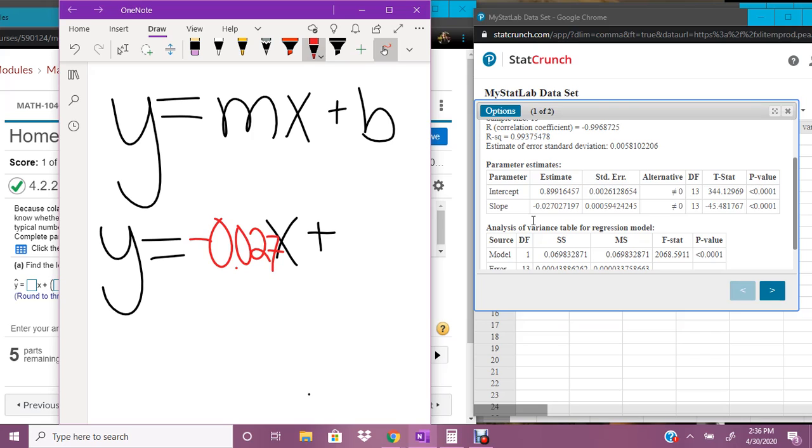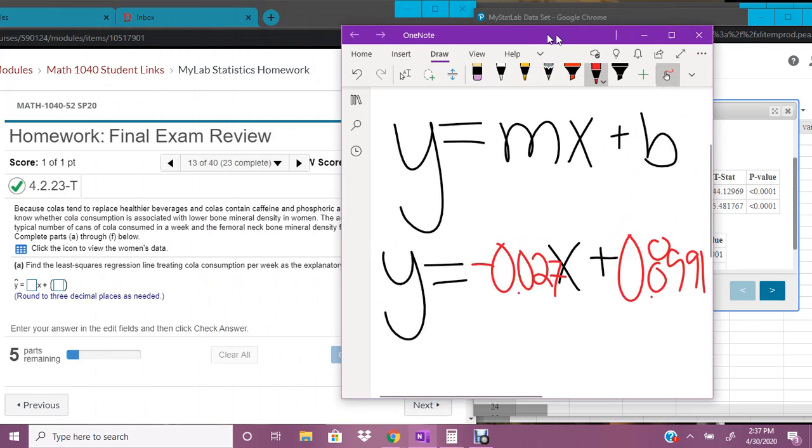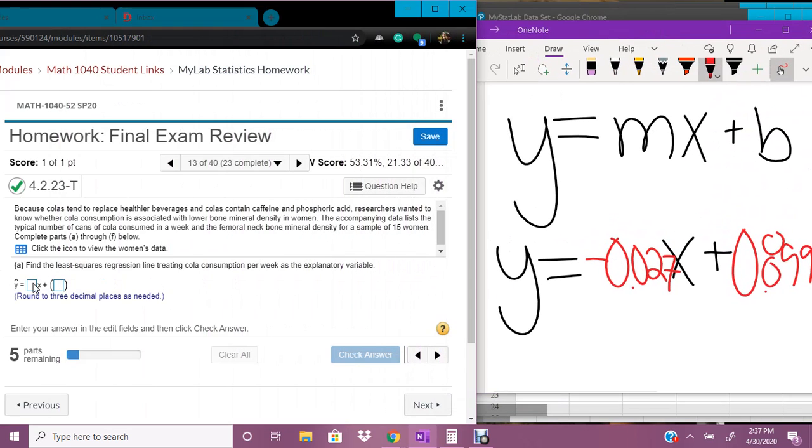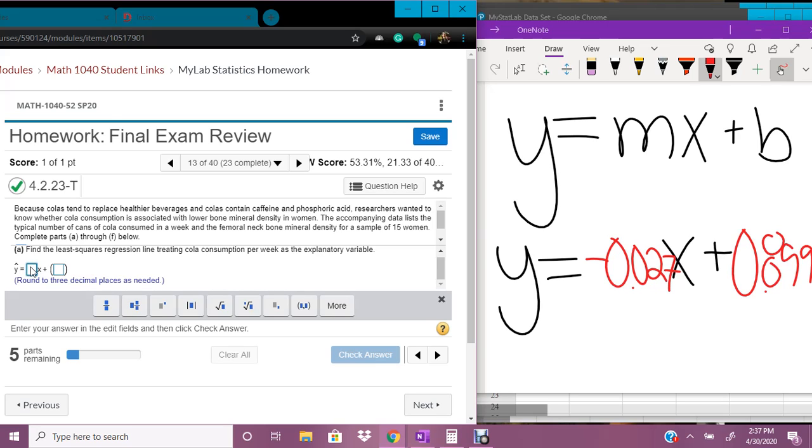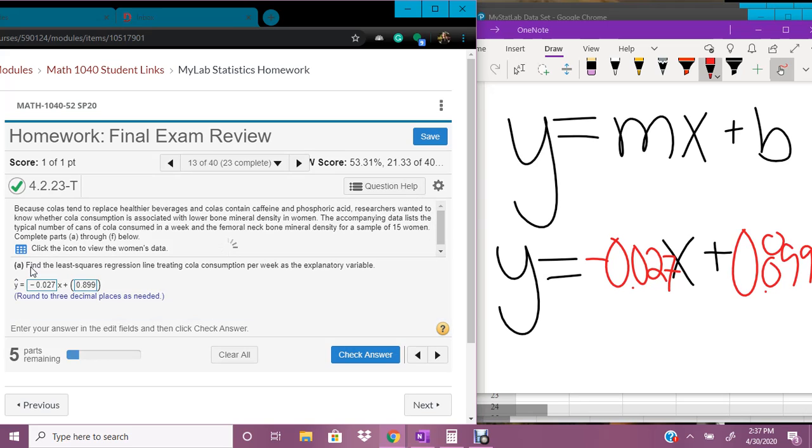And then our b is the intercept estimate right there. Okay, and so we'll put that into this equation. 0.899.